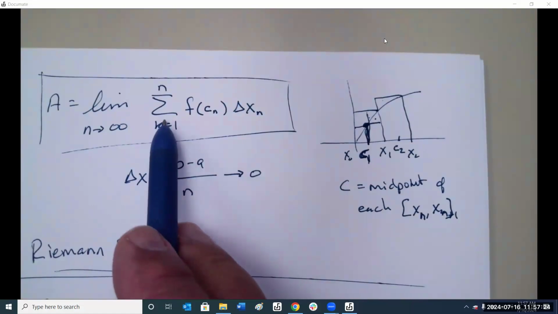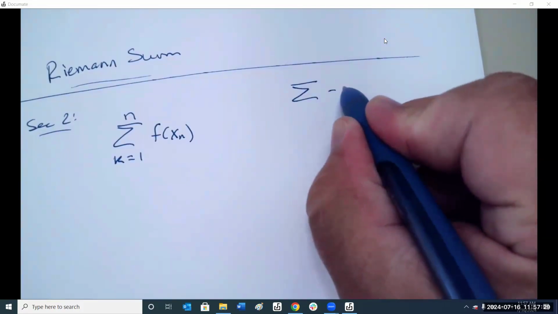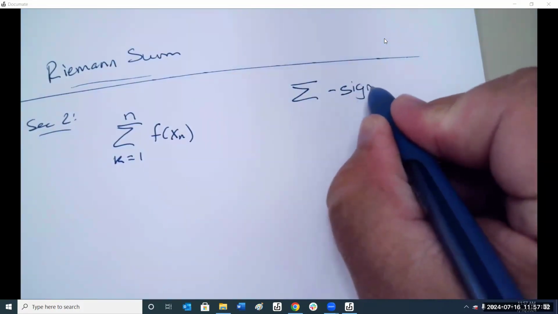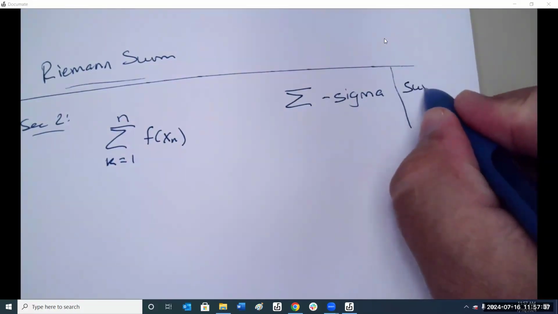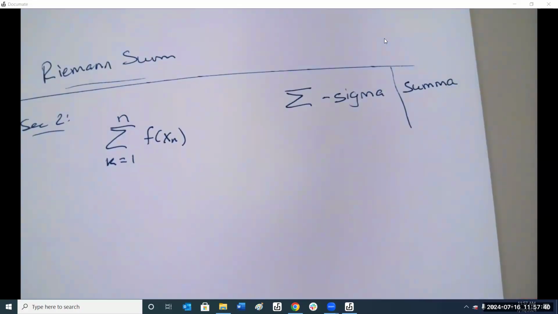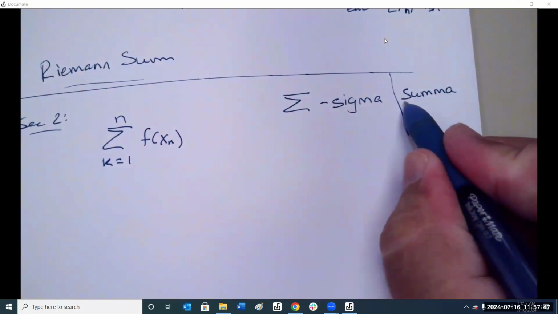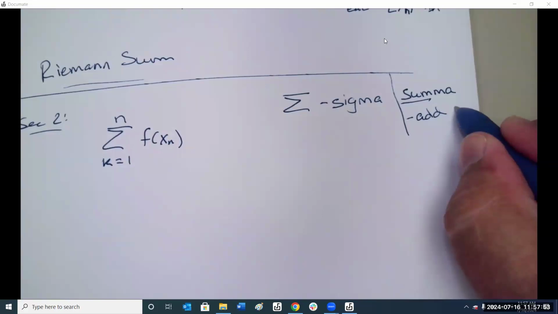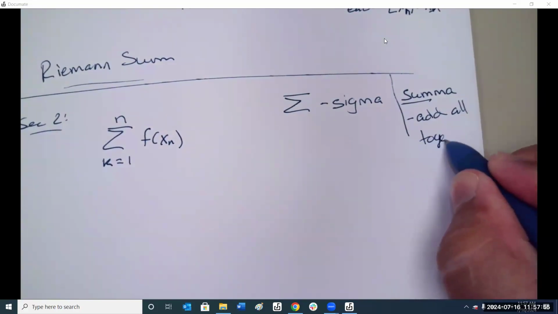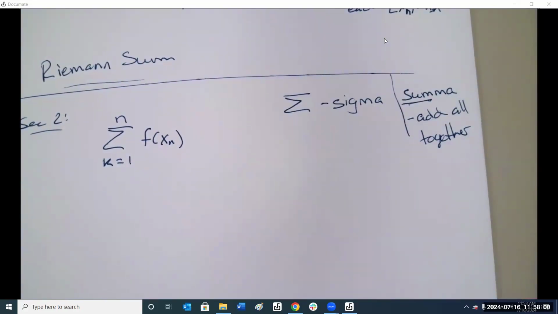Then I apologize for this part up here. This is called sigma in Greek, summa in Latin. Summa simply means add all together. You're taking the sum of all the data.